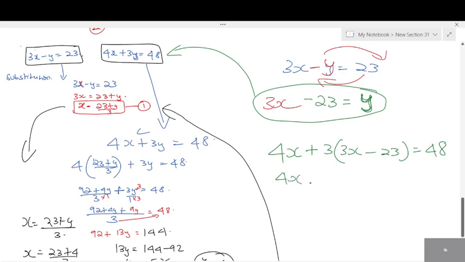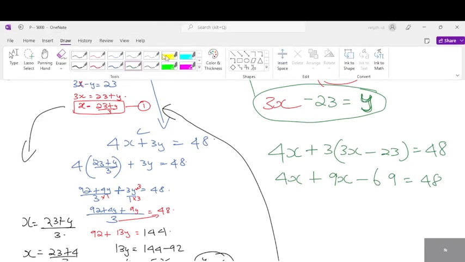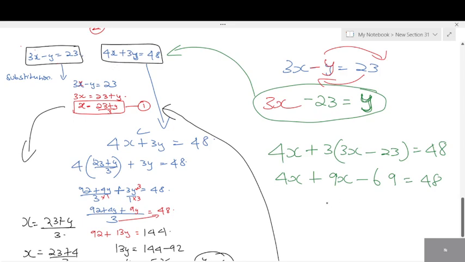4x. When I'm teaching, don't write, just listen. Now multiply this. What is 3 3s are? Then minus 3 into 23: 3 3s are 9x, 3 23s are 69, is equal to 48. What's the next step? Be quick. Tell me the next step.